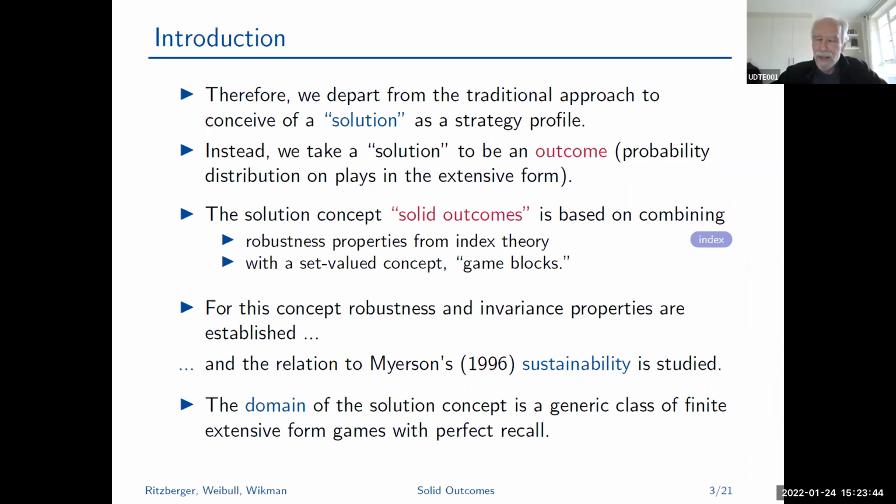So I define an outcome to be a probability distribution on the places of the extensive form. So once you pick a degenerate outcome, a probability 1 on one of the places, you know exactly what the equilibrium path is. Sure. Okay.